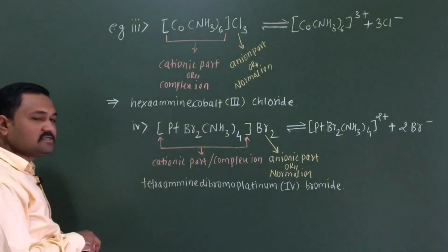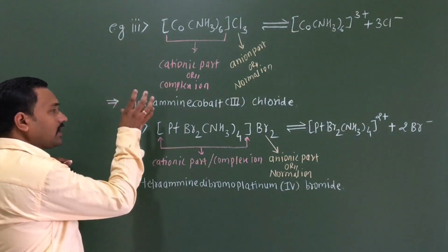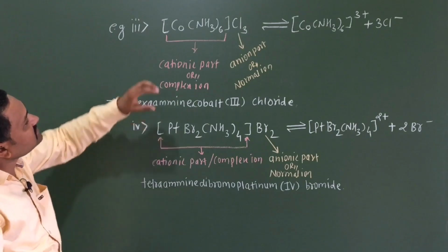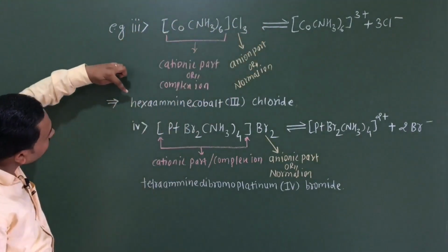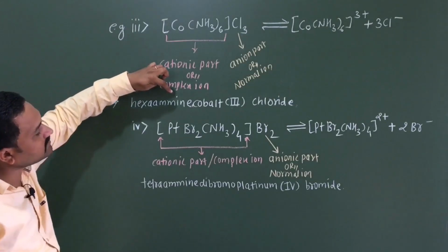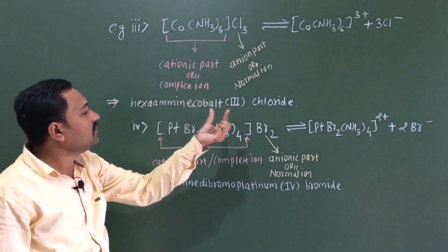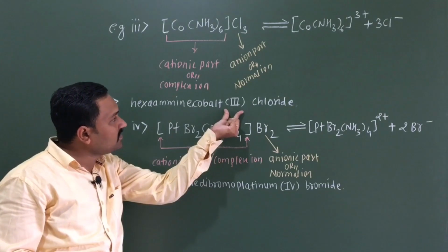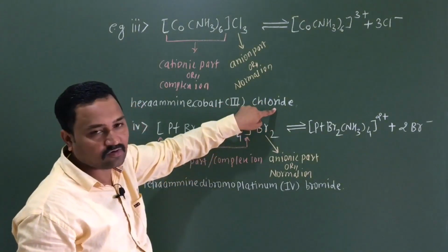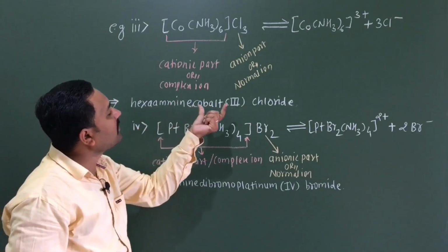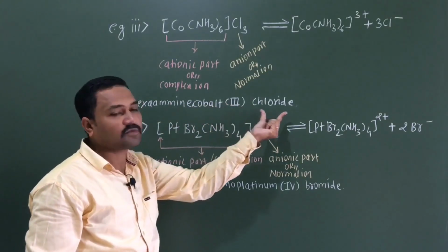Hence whenever we have to write the name of this compound, we must write the name of the cationic part first. Hence I have written the name as hexaamminecobalt, oxidation state 3, followed by the name of the anion, that is chloride. So this is hexaamminecobalt(III) chloride.